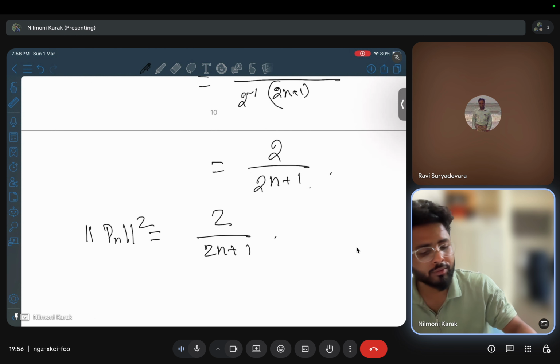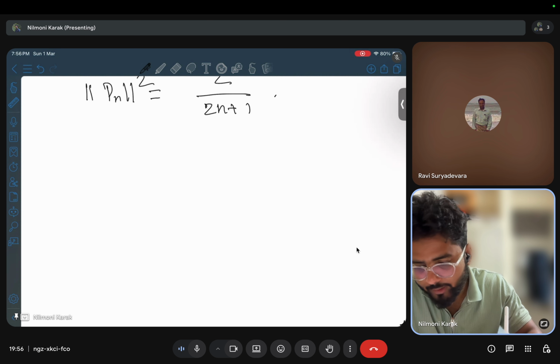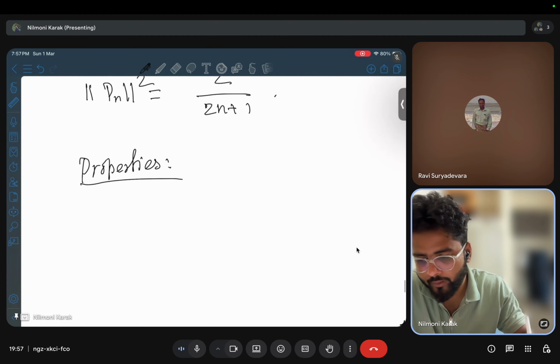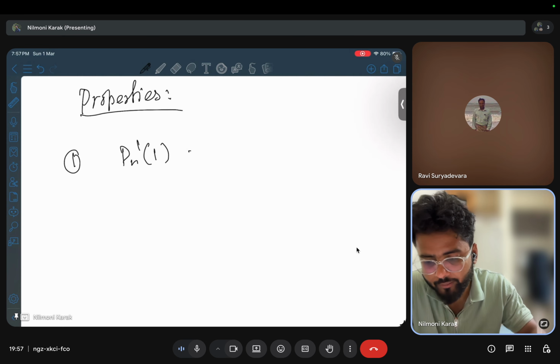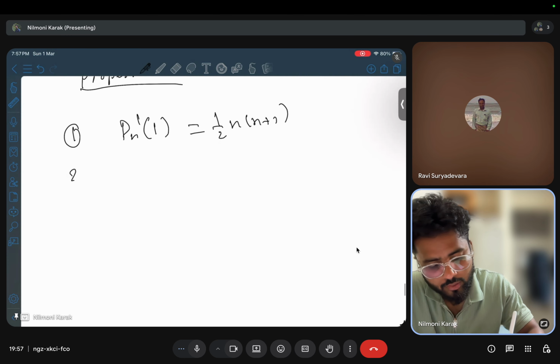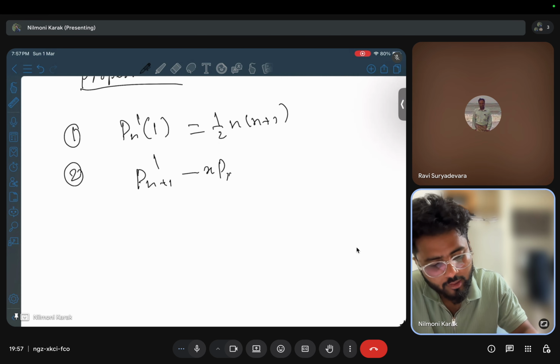And also some more problems on Legendre polynomials, some properties. So we will solve some of them. n plus 1 P_{n+1} dash, dash means derivative.